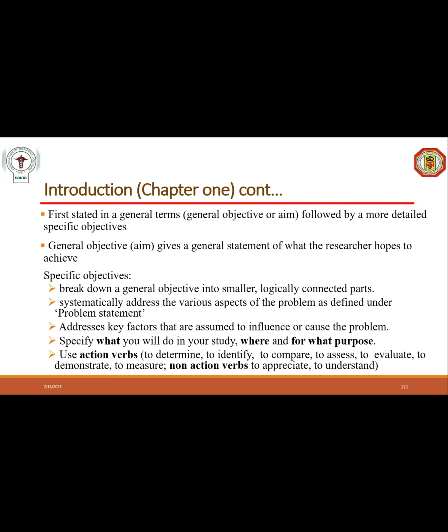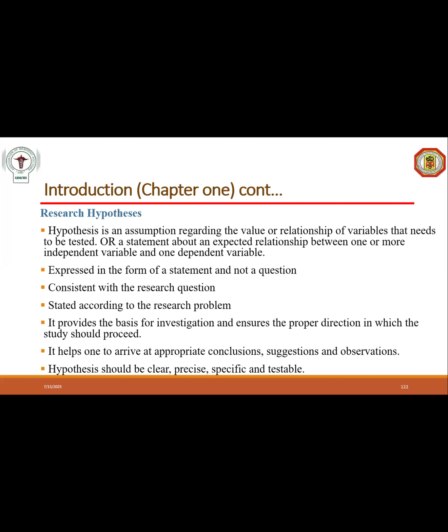The next thing is, objectives are first stated in general terms. That is the general objective or the aim of the study, then followed by specific objective. We have explained this thing. Then research hypothesis. Research hypothesis is an assumption.